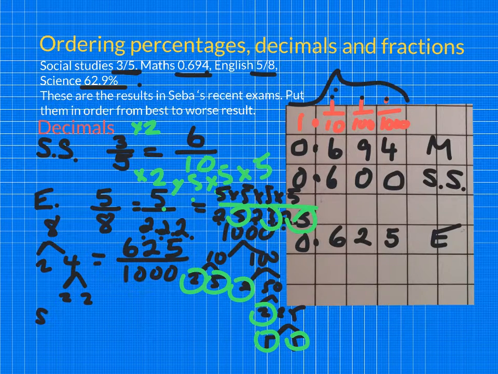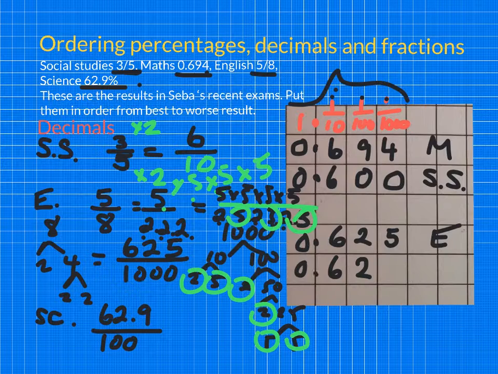So with the science result, they have got 62.9%, and that's the same as saying 62.9 out of 100. So if we now go to the hundredths column, we've got 62% here. That's going up to the hundredths column, and then the extra 9 is going to have to go there, 62.9, and that's our science result.